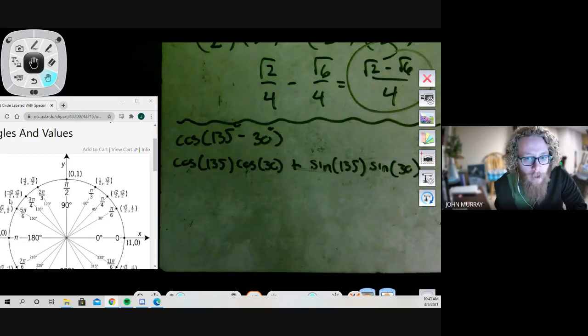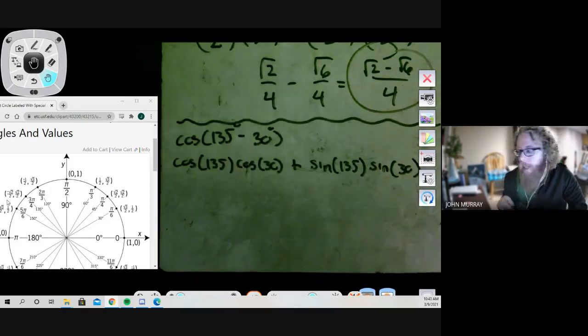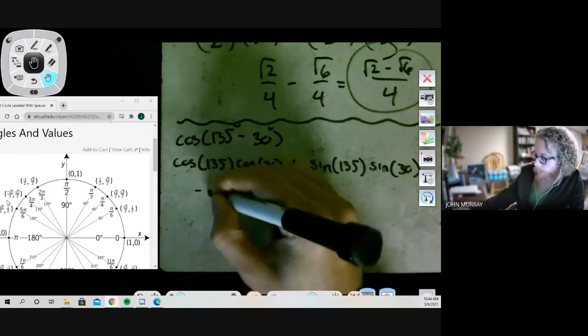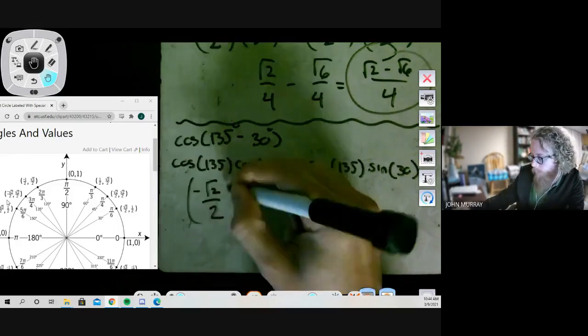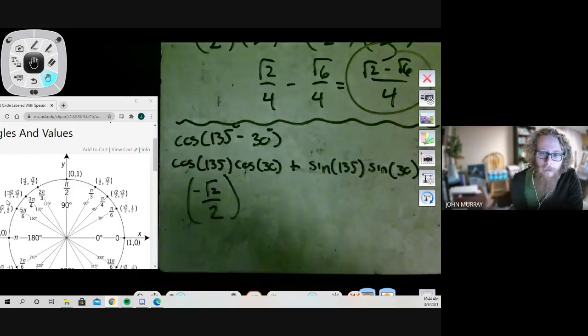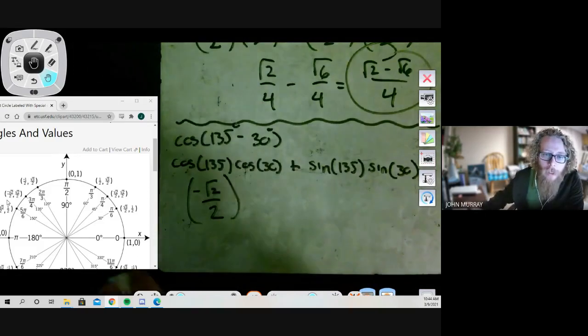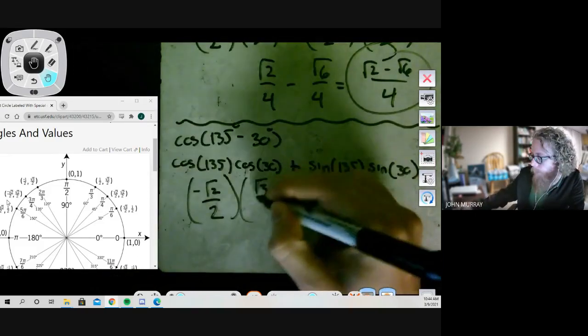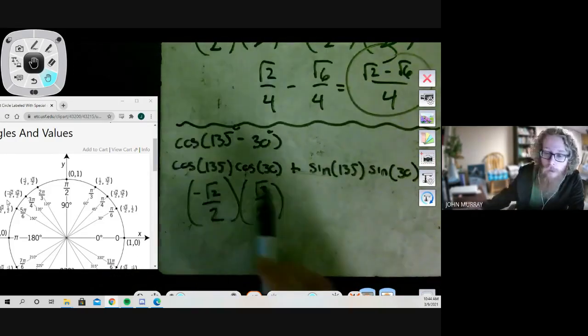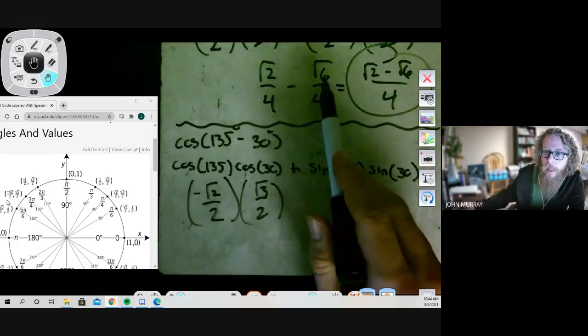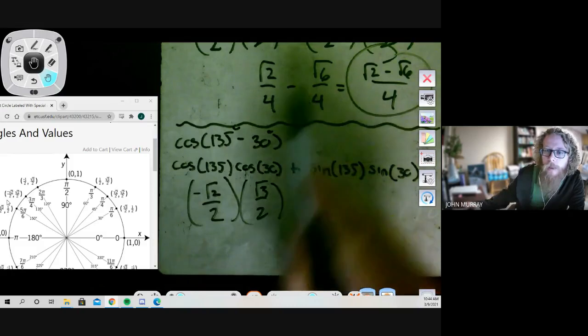So the cosine of 135 is a negative root 2 over 2. So don't forget about that negative. The cosine of 30 is root 3 over 2. So before we do anything, multiplying these two together, I'm still going to get that negative root 6.